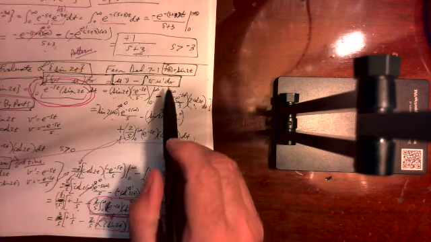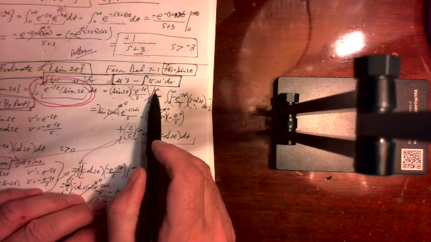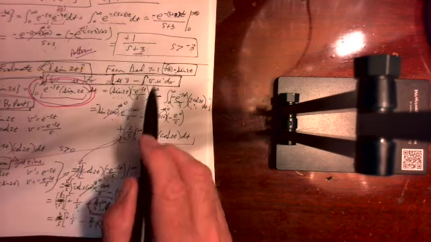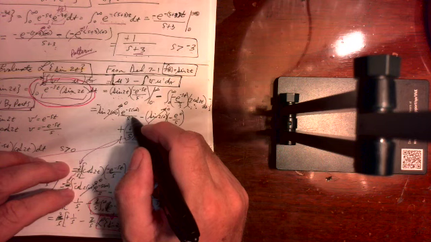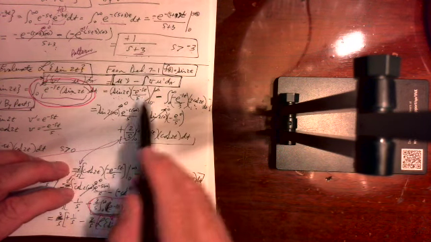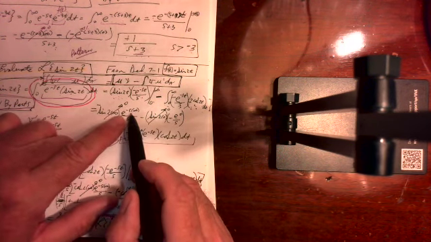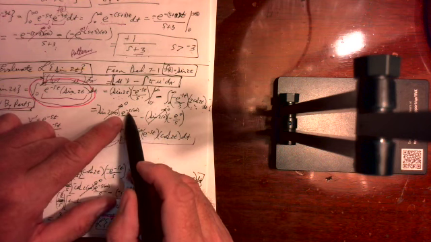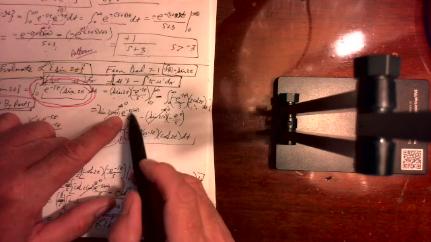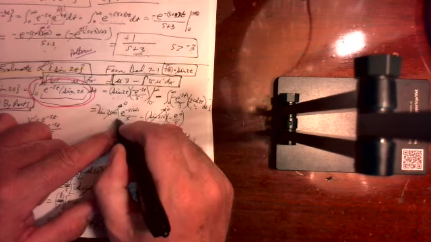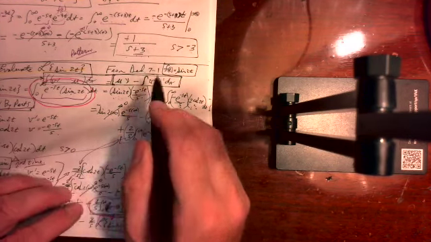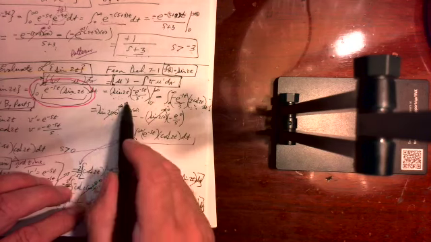The upper limit applied here, and we see this very often: when you apply e to the minus s t as t goes to infinity, it goes to 0. So everything here goes to 0 because of this factor.